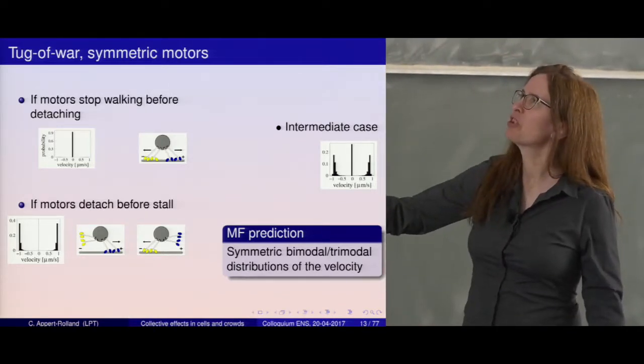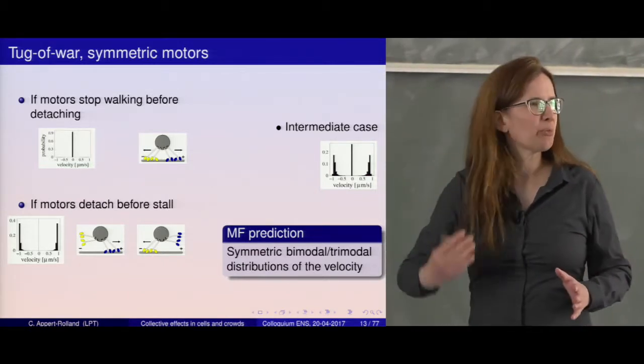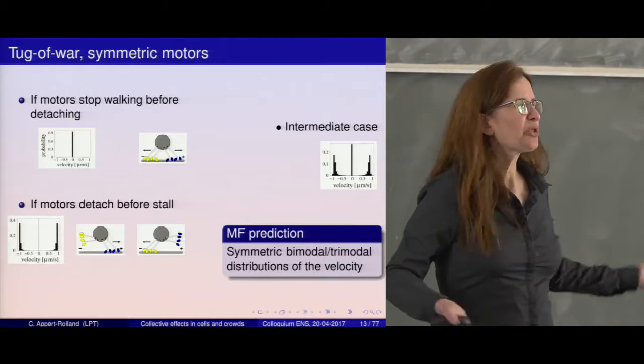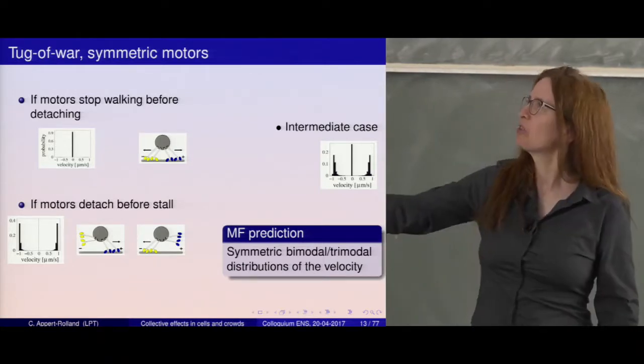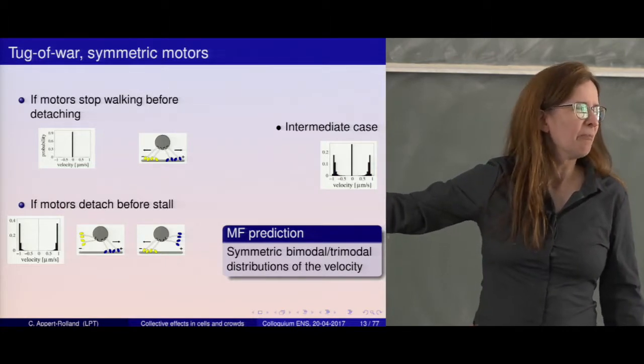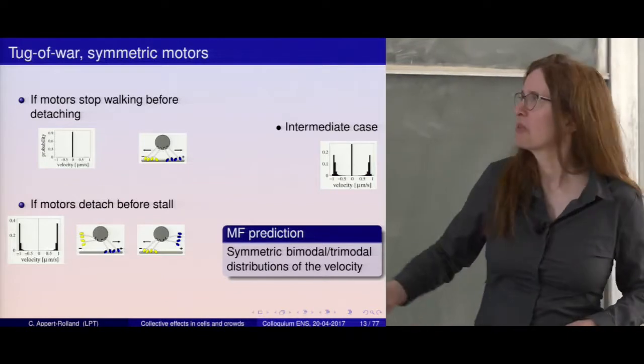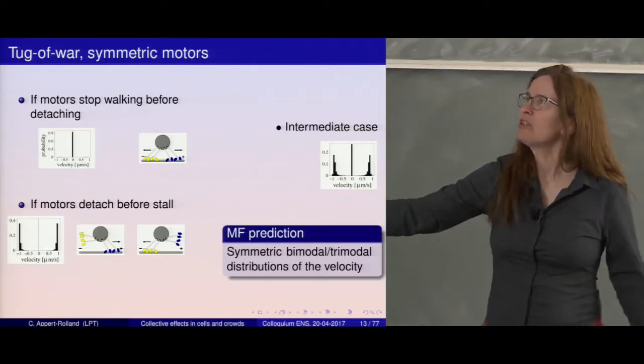So if you are in a regime, in a type of motor, where they would stop walking before they can be pulled off, everybody is just stopping and nothing moves. So you have just a velocity distribution that is a peak around 0, which corresponds to the tug-of-war game where mostly nothing moves.